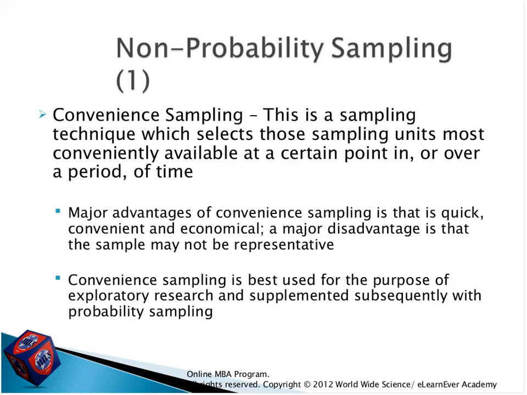If you remember, in previous classes, we talked about different types of research, one of them exploratory and one of them explanatory or confirmatory. So if your research nature is exploratory, this method of sampling, convenience sampling, is most usable.